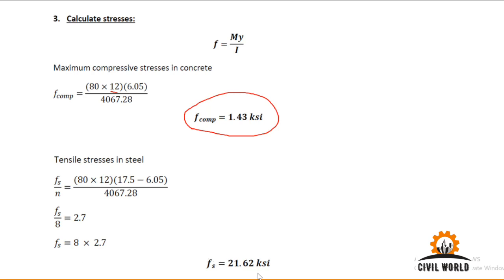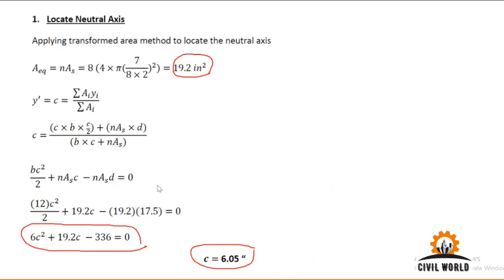If you are using 40 grade, 50 grade or 60 grade steel, your stresses in steel are significantly lower than the yielding stress of steel, and you are in the linear elastic limit. So this way you can calculate your stresses in concrete or steel.